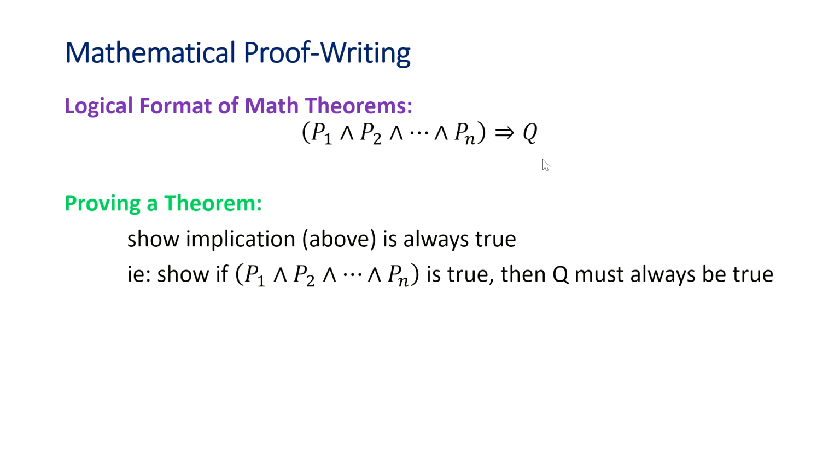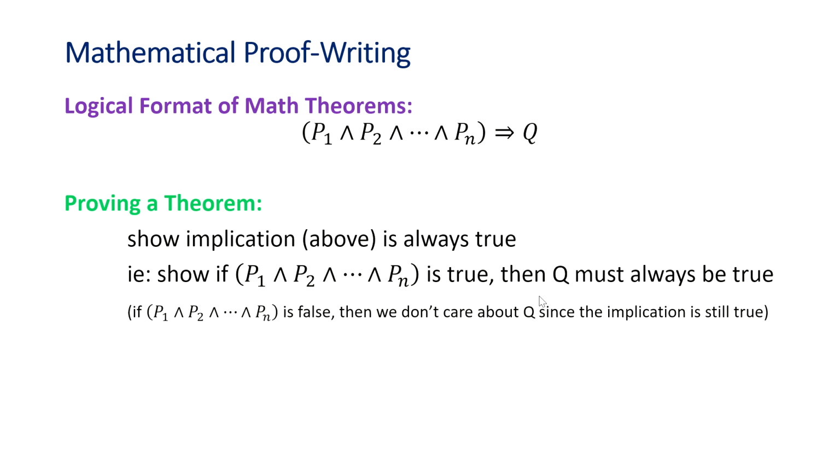What are we going to be doing specifically? We're going to go from the assumption that everything in the if part of the statement, so all of these conditions, is true. And then we have to figure out, does this force that conclusion Q to always be true as well? Just as a side note, remember the funkiness with the implication truth table.